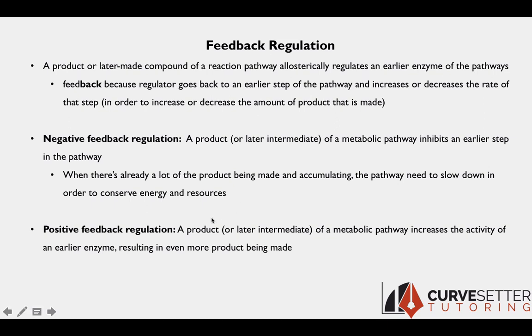Positive feedback regulation is less common but occasionally occurs, and that's when a product or a later intermediate of the pathway increases the activity of an earlier enzyme, overall increasing the amount of product being made. So this is a negative feedback loop and this is a positive feedback loop.